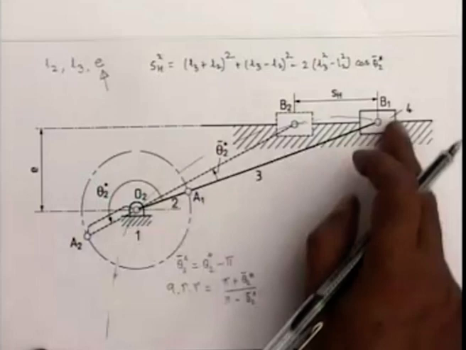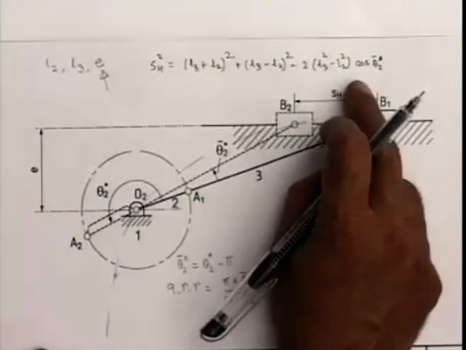Applying this simple cosine law for the triangle O2 B1 B2, I get this equation.